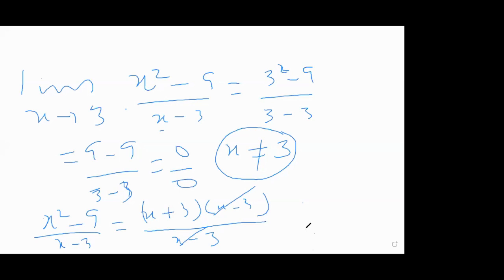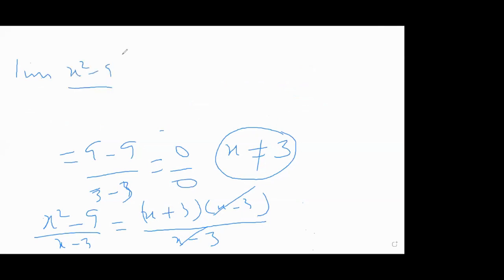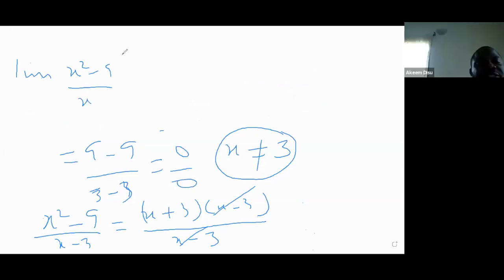Then the expression, let's say we write it, we have the limit of x squared minus 9 all over x minus 3 as x tends to 3. It now gives us what?